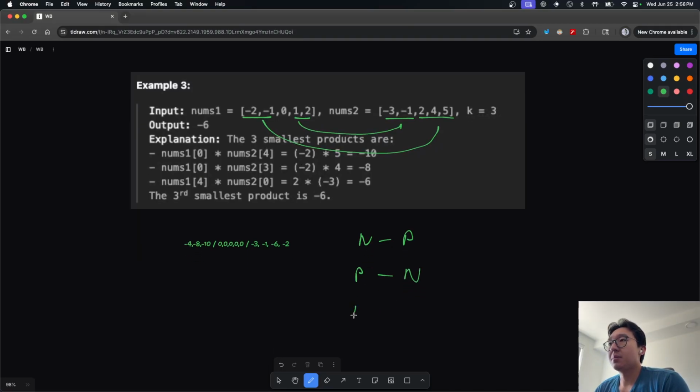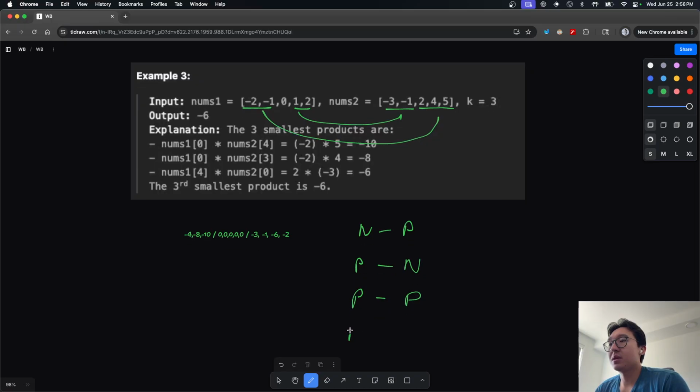And then we have positive positive and then negative negative, right? Do we need to care about the zero case? I don't think we do. We can just add it as a positive. So we don't actually worry about this.